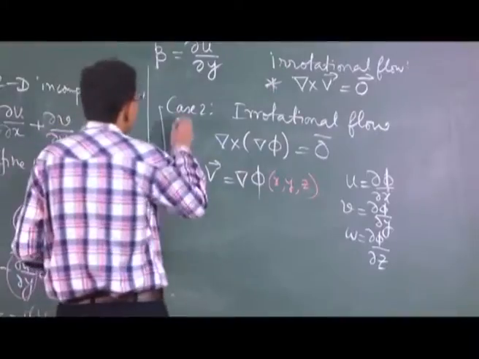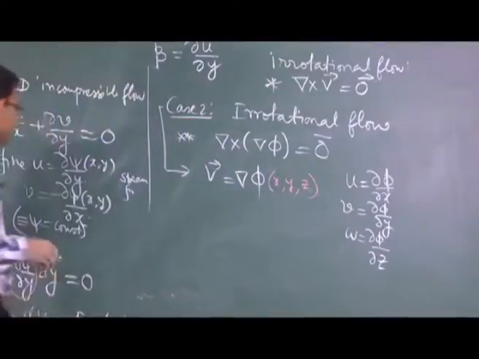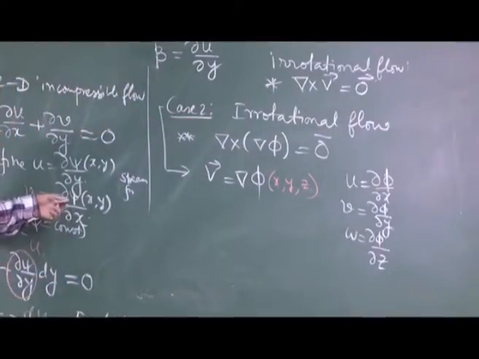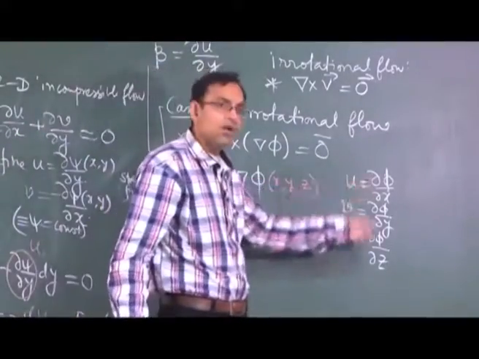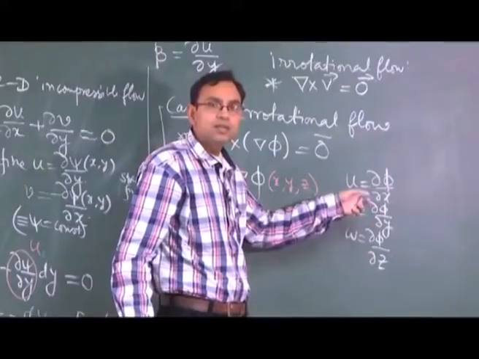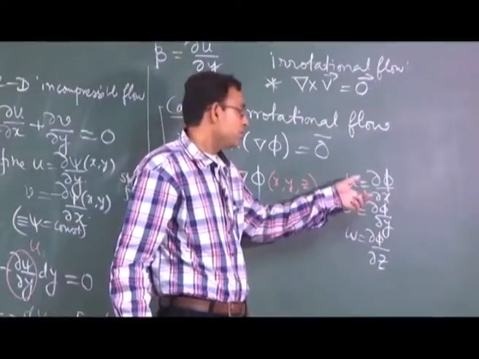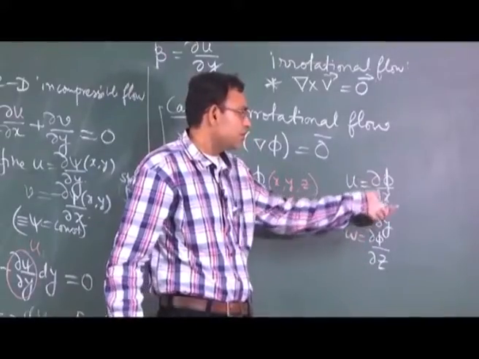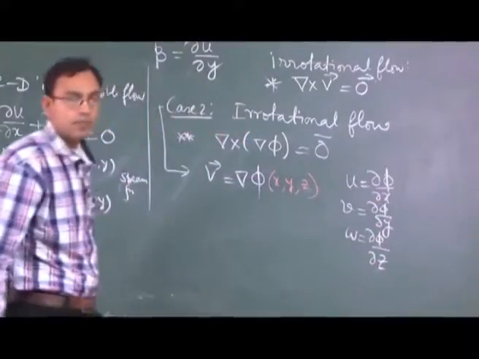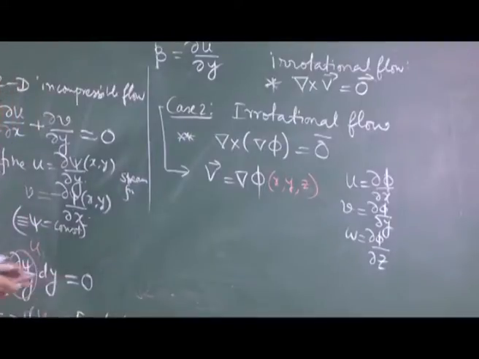So, now we have considered two special cases. One is 2-dimensional incompressible flow where the parameter defined is psi. In case of irrotational flow the parameter defined is phi. The objective is very similar: there are too many unknowns, and you reduce all those unknowns to the form of a single parameter. Now, can there be situations when both phi and psi are defined?